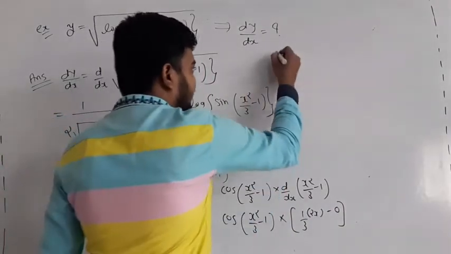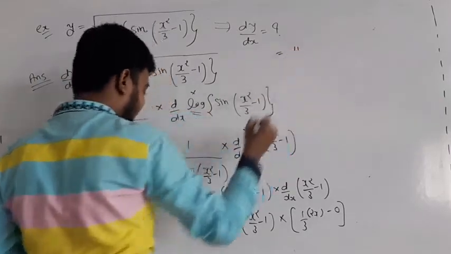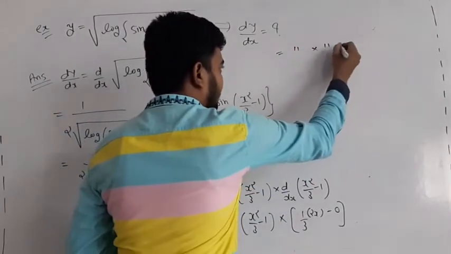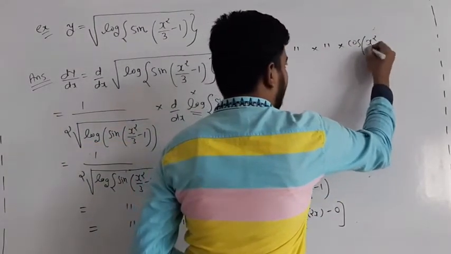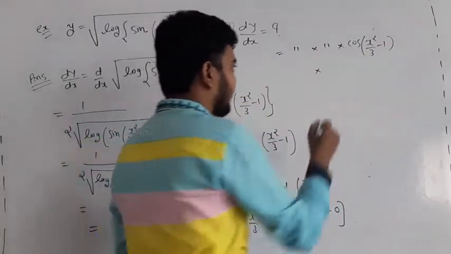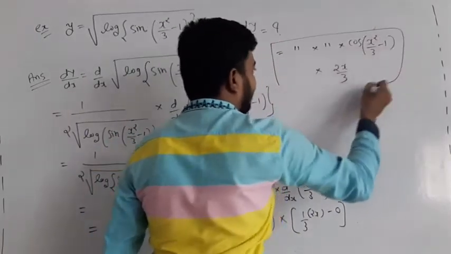So the final answer is 1 upon 2 root of this whole term as it is cross this whole term as it is cross cos of x square by 3 minus 1 cross 2x by 3. So it is the final answer.